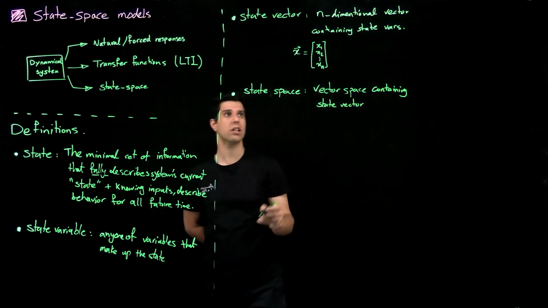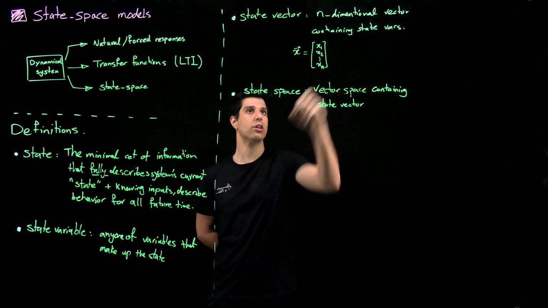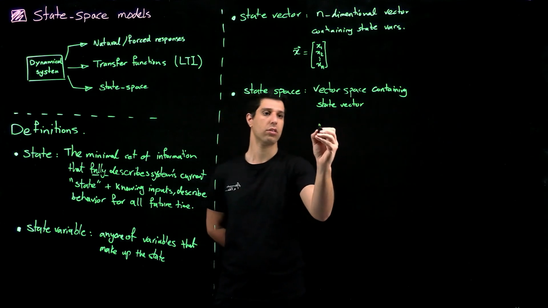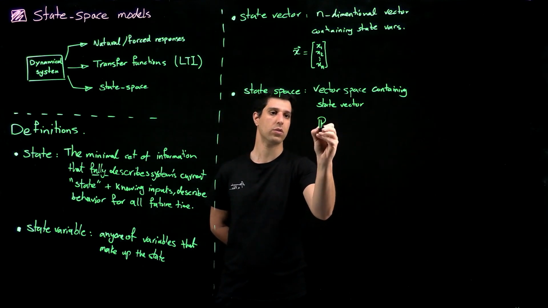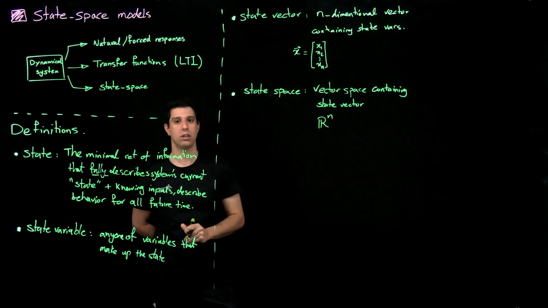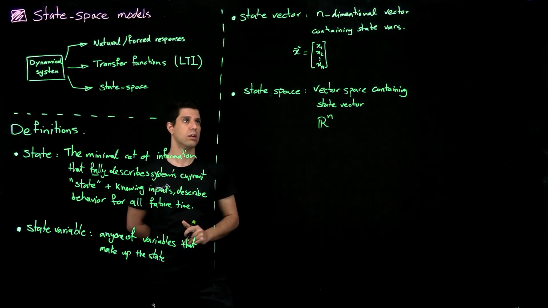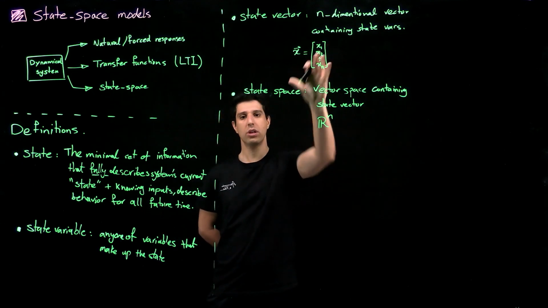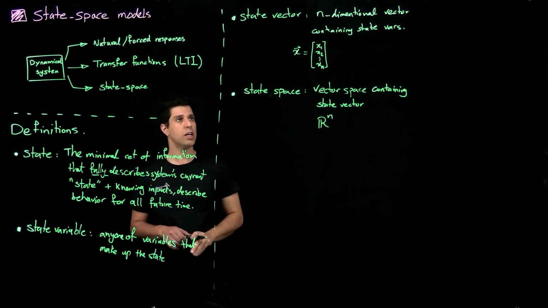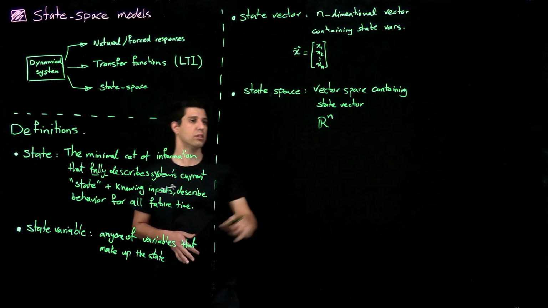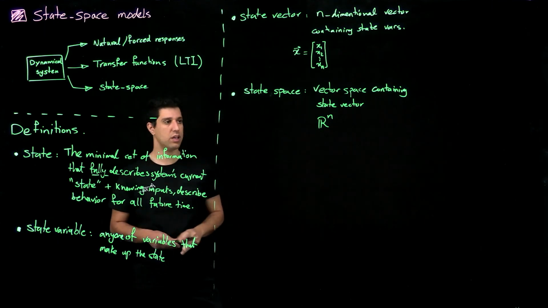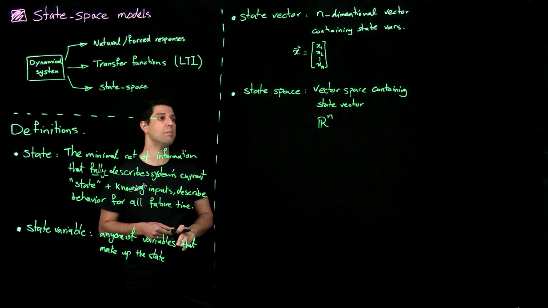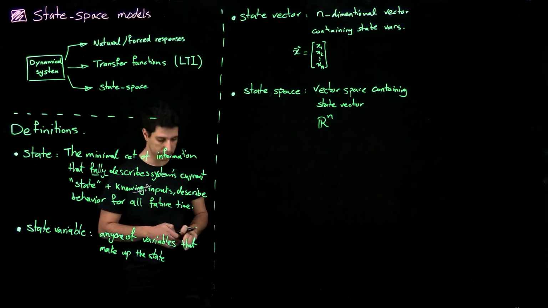So for instance, if you have an n-dimensional x, your state space is going to be Rn. One thing to note, we are usually dealing with real state variables. So my state space is an n-dimensional Rn in real numbers.